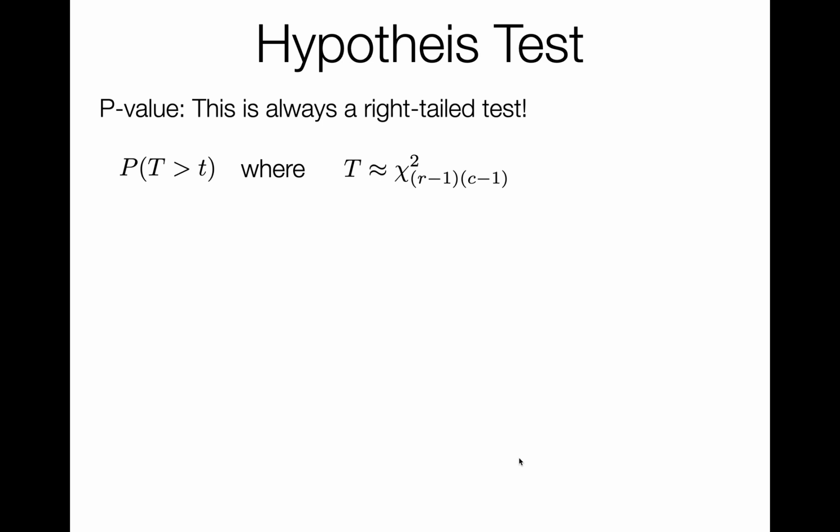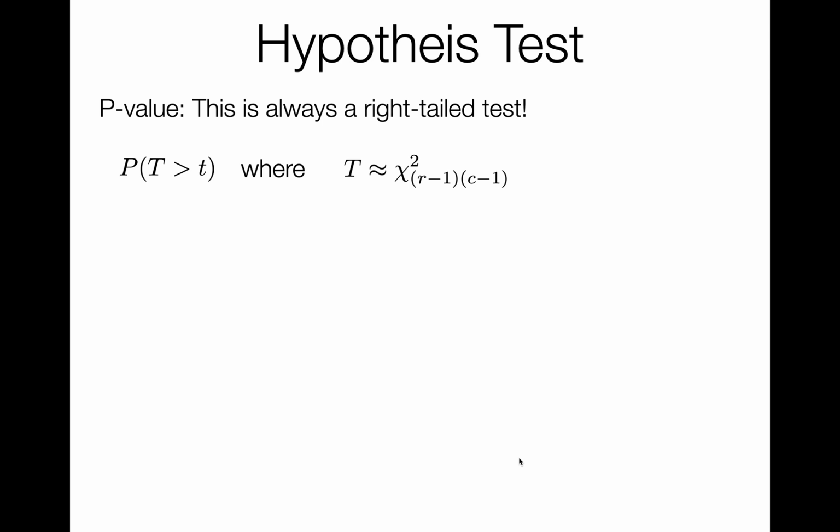That test statistic has a chi-square distribution, approximately, and the degrees of freedom are important here, because this is something we actually need to pay attention to. The degrees of freedom are r minus 1 times c minus 1.